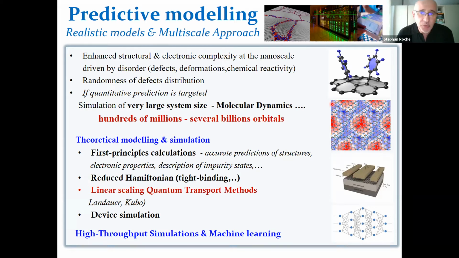Since we are concerned with disordered materials, quickly we are dealing with models which can have millions or even billions of atoms if we want to reach a scale which can be compared with experiments or industrial scale.